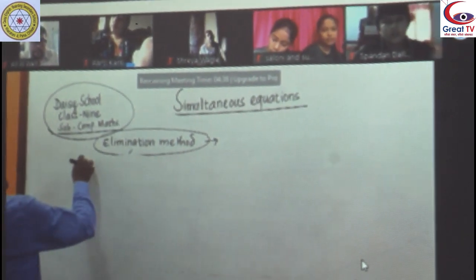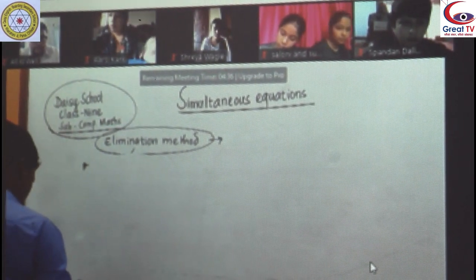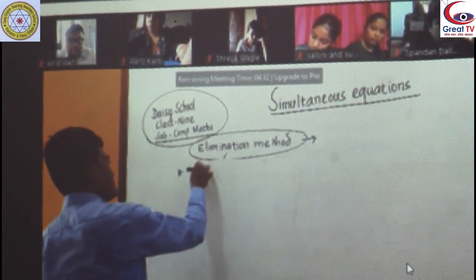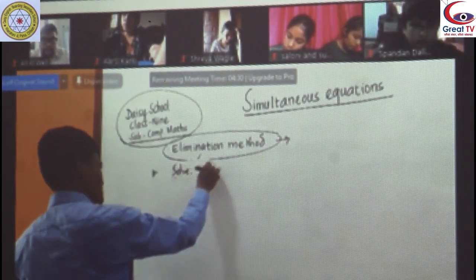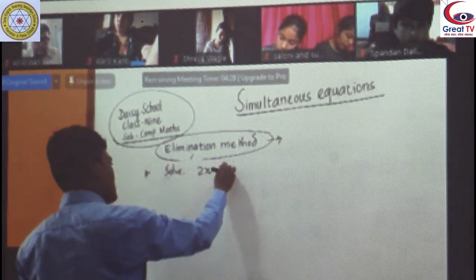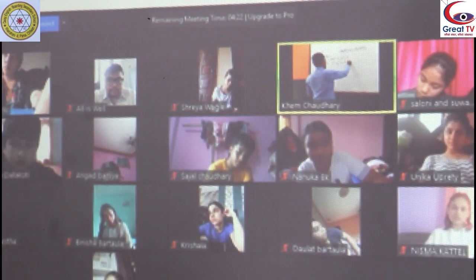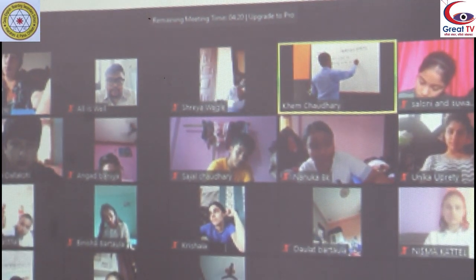Next problem. Solve 2x minus 3y is equals to 6 and x plus 3y is equals to 3.